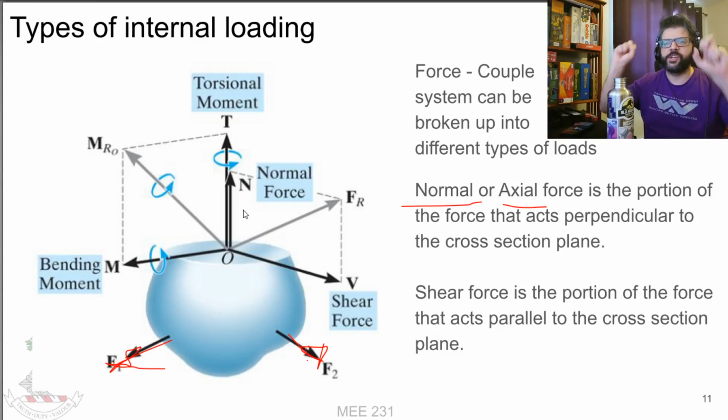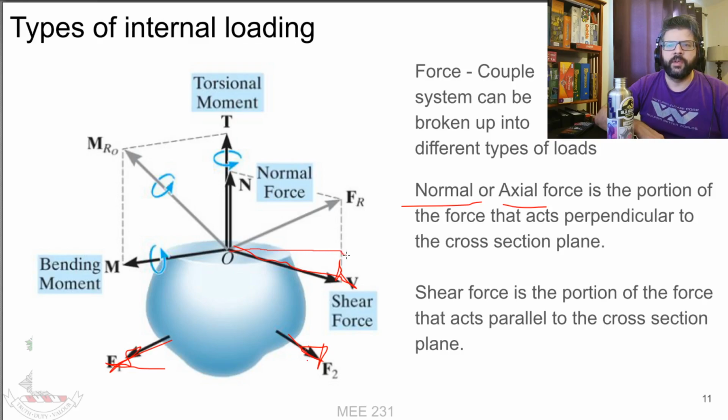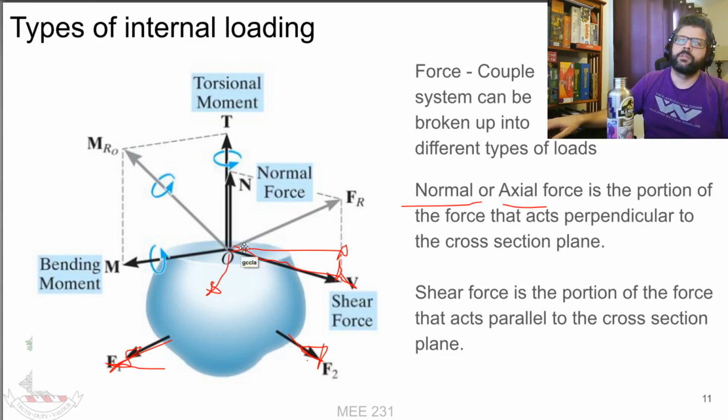Oftentimes we might break the shear up into not just this direction. We might also break it up into a y component and a z component.